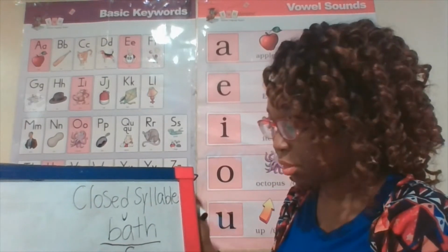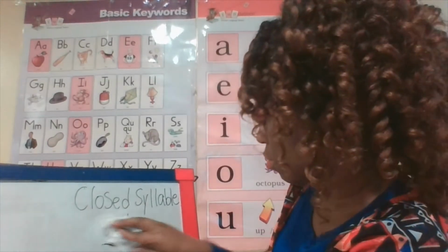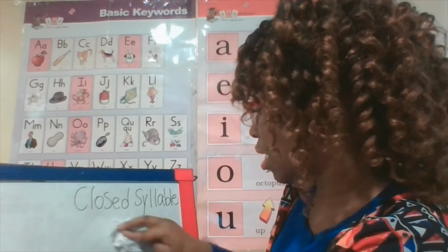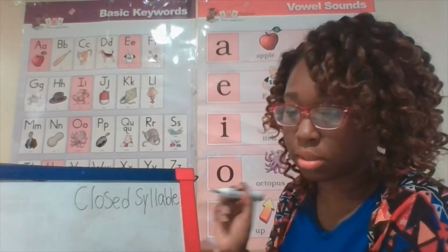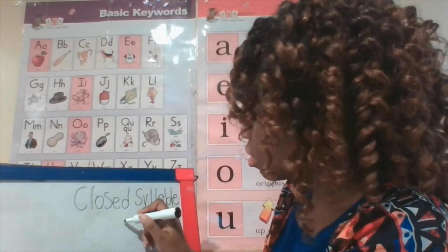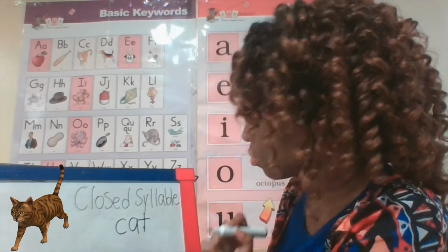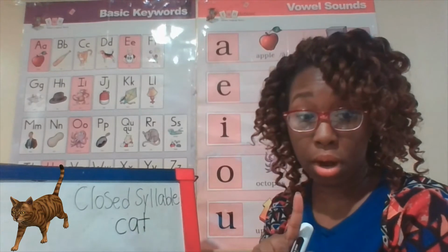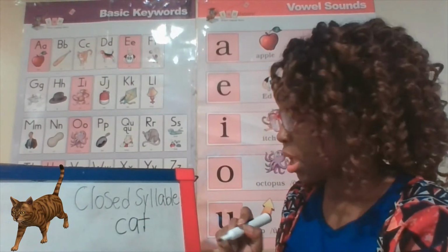So let's try another word. We're going to try another word and we're going to talk about why that word is a closed syllable. Okay, let's try cat. Number one, I'm noticing cat has a vowel, right?